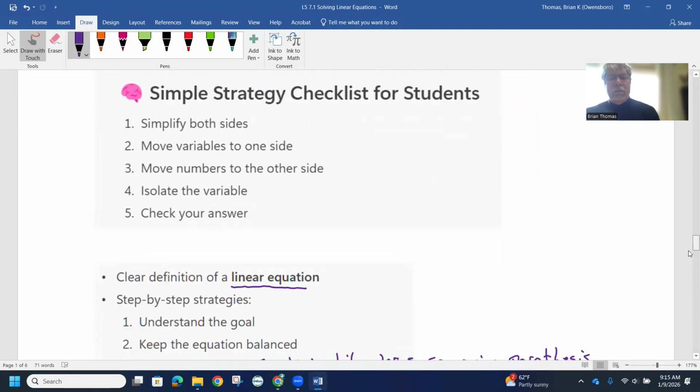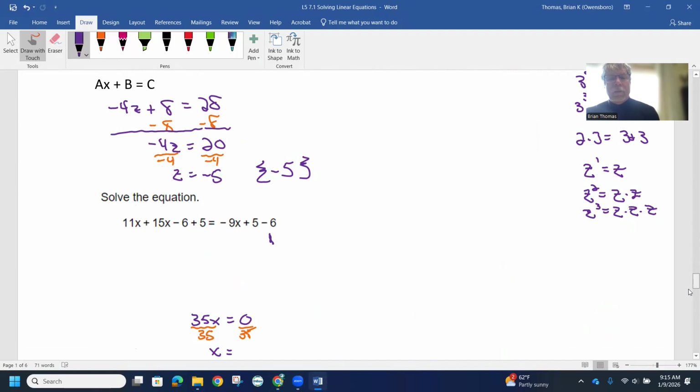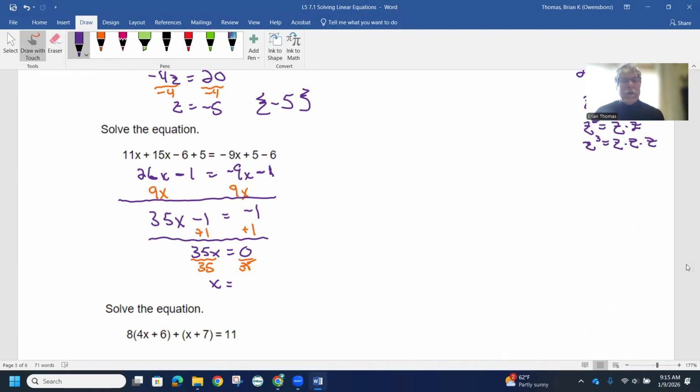Where'd it go? There we go. Sorry about that. So this really says 0 divided by 35. So really what this can say is how many 35s does it take to get 0? Or you could say 35 of what gives you 0? And also 35 zeros would give you 0. So when you have 0 divided by 35, that just turns into 0. So my solution set would be then 0.